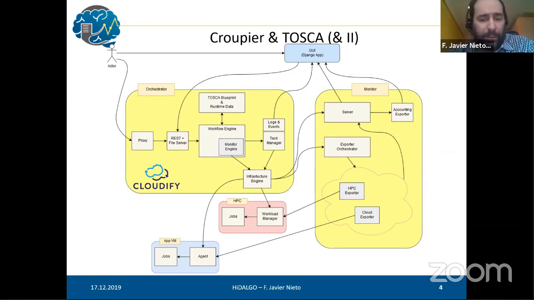And the center of everything is the workflow engine that takes care of running each task of the workflow and asking the infrastructure engine to send the tasks to cloud or to HPC, depending on how you configure that. This infrastructure engine is the one which takes care of the connection with the different systems. In our case, it's possible to ask the workload managers directly to take some jobs, or it's possible to create VMs in a cloud infrastructure and send the tasks that you need to run.